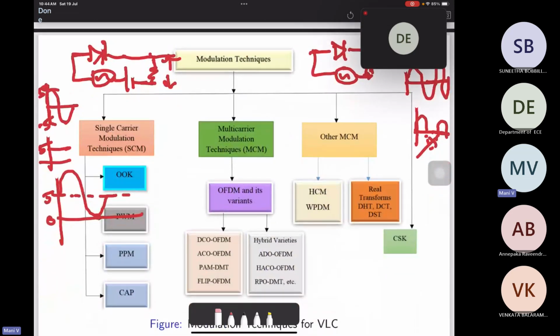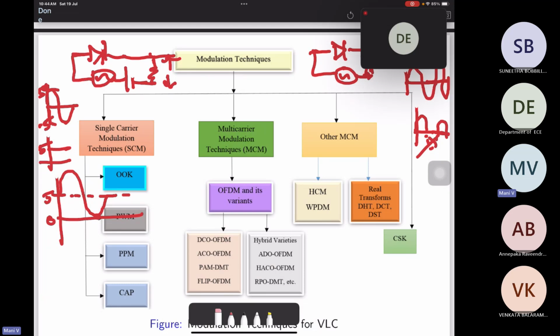How many modulation techniques have you learned in the digital communication course? Students, how many modulation techniques have you learned?